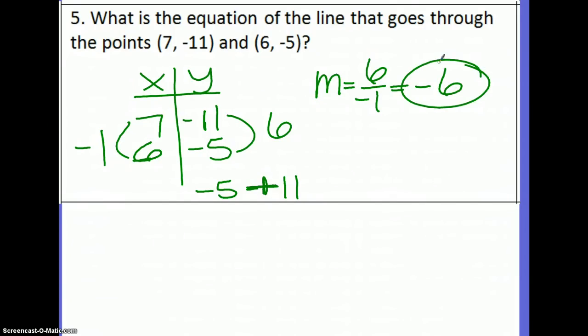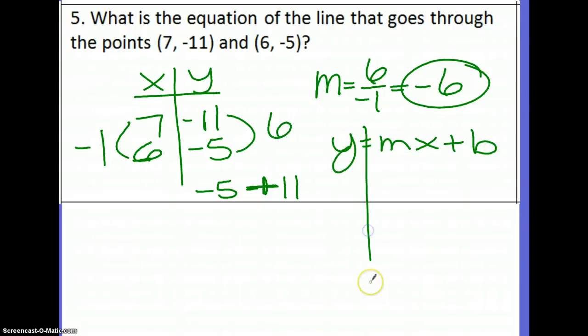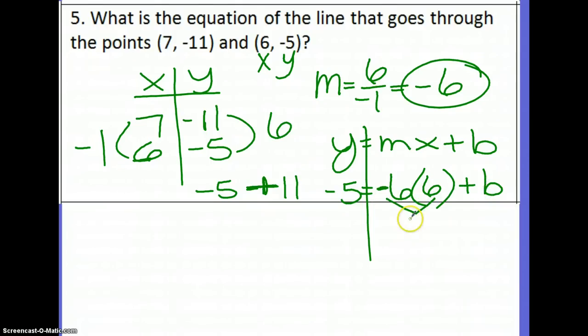We got m. So the next thing we need to do to write the equation, we need to pick a point. Plug it into y equals mx plus b. So I'm going to choose this point because it doesn't matter which one. So the y is negative 5. The m is negative 6. And x is 6. Negative 6 times 6 is negative 36.